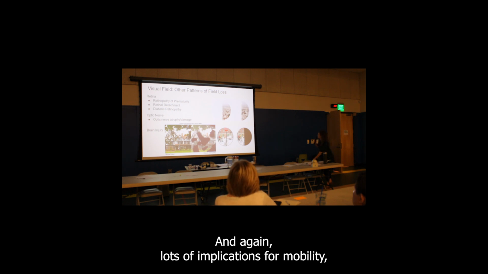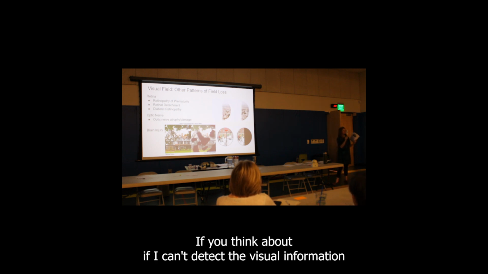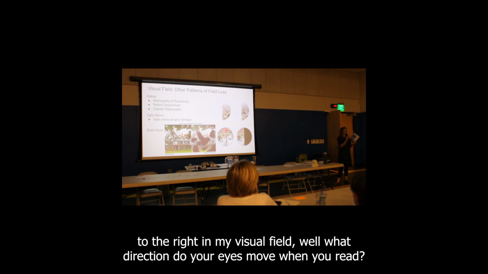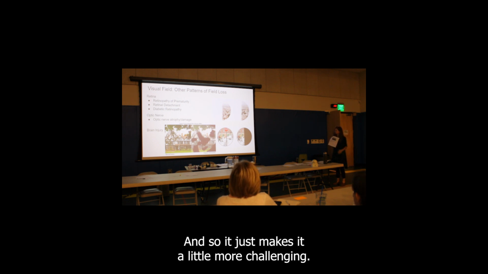And again, lots of implications for mobility, being able to detect obstacles, lots of implications for reading. If I can't detect the visual information to the right of my visual field, well, what direction do your eyes move when you read? They're moving to the right. And so it just makes it a little more challenging.